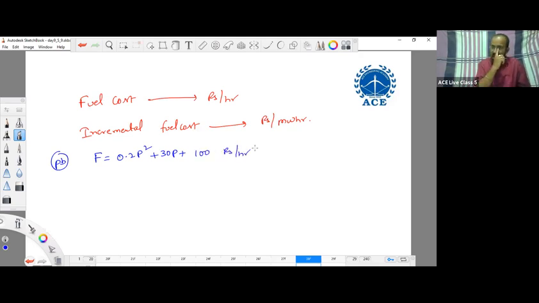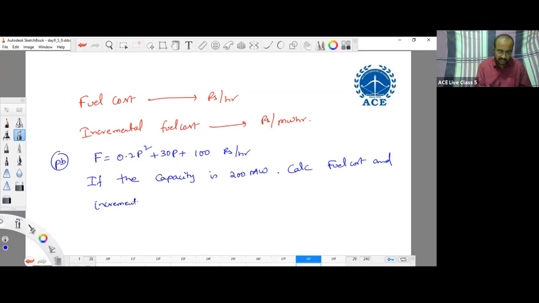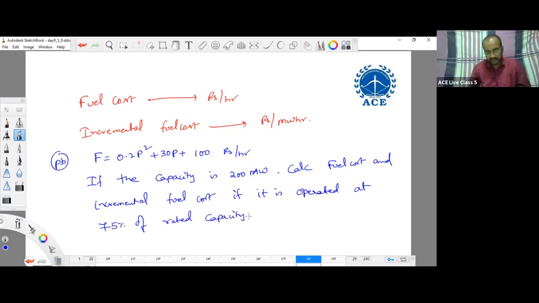If the rated capacity is 200 megawatt and it is operating at 75% of its rated capacity, calculate the fuel cost and incremental fuel cost.